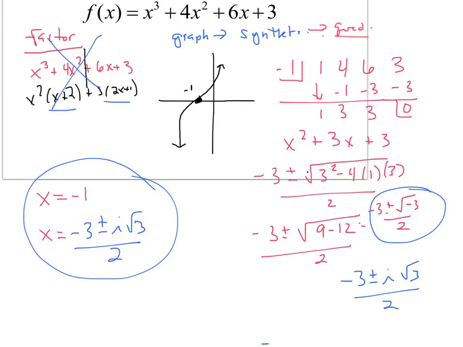When I have an imaginary solution, they're always going to work in pairs. If you notice, in the previous problem, I had -3 plus or minus i root 3 all over 2.